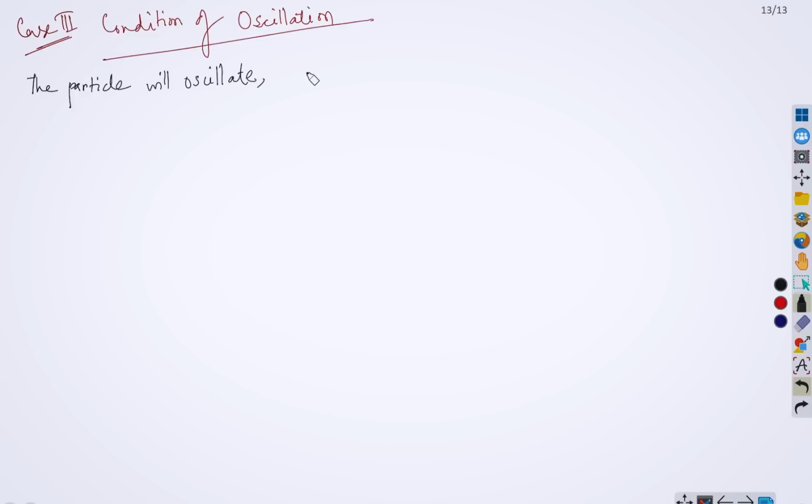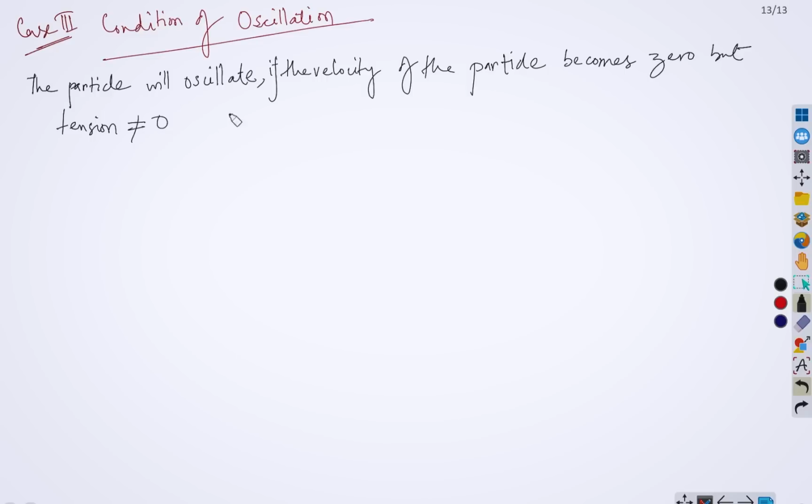Only when the velocity of the particle becomes 0, but tension is not equal to 0. Yes? If v equals 0, but T is not equal to 0, the particle loses its velocity, but tension is still there. Yes, only this is the condition that the particle will oscillate in between 2 points. And if you have any doubts here, let me know, okay?